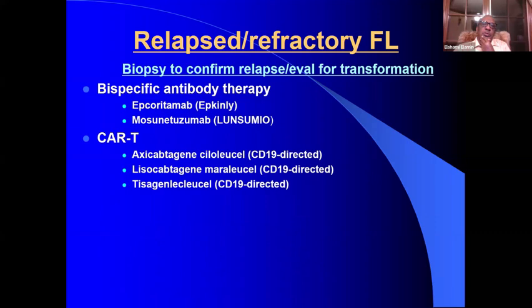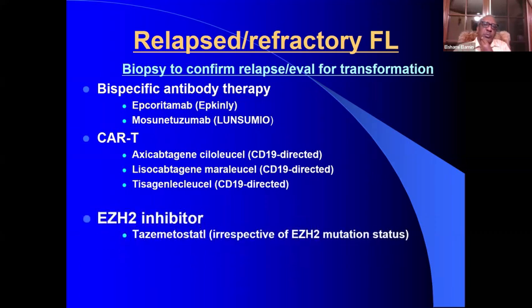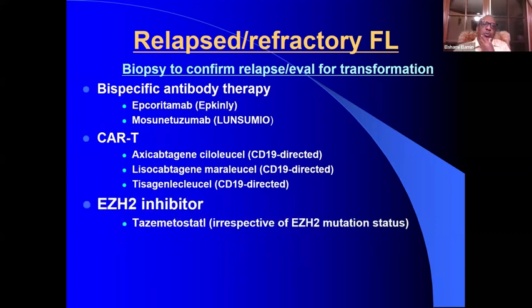So the two drugs, CAR T is an option. And remember we said we do NGS, next generation sequencing, to check for EZH2 mutation. And if it is present, we may offer this drug, but now it is said even in the absence of the mutation, you could use the EZH2 inhibitor.